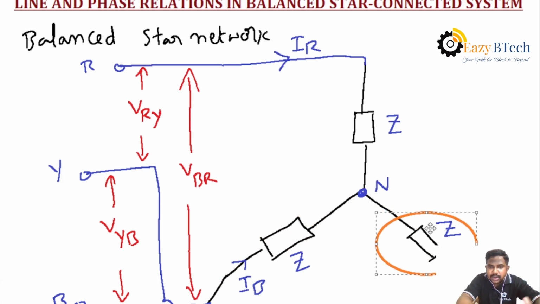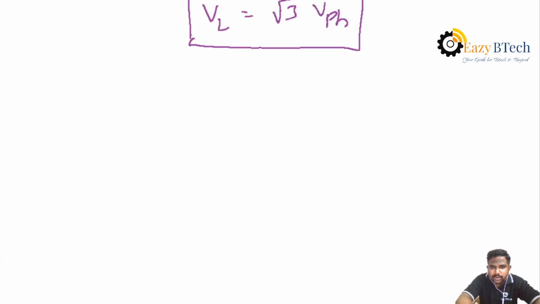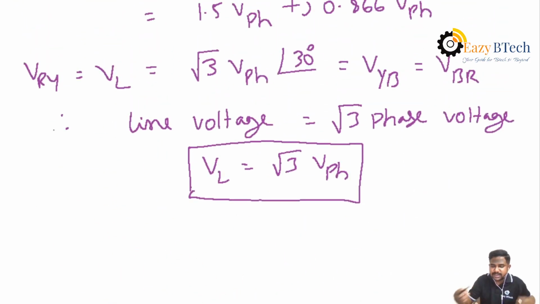That is, there are no separate line currents, we have only the phase currents. That means there is no connection between the lines.